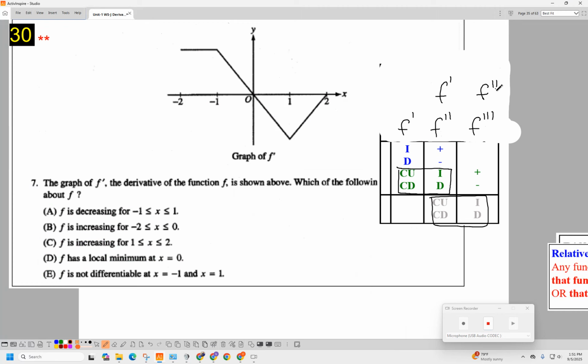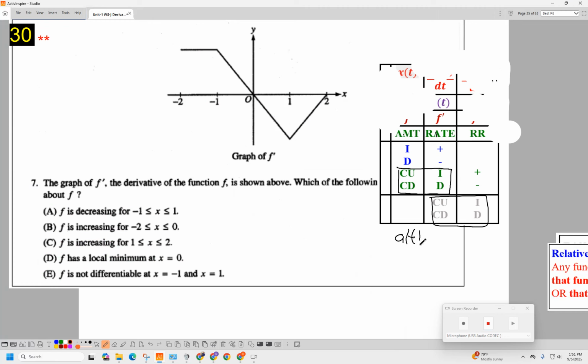Yeah, I have seen this on the AP test. They'll ask you a question about the acceleration of something. Well, acceleration is actually the second derivative of position.